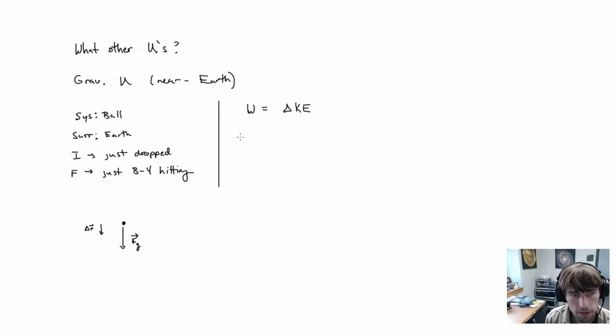I'll use the summation for right now, just to remind ourselves that this technically has multiple pieces to it if the force is net. In this case, let's call positive y up. Our net force is simply the force of gravity, so I'll put in mg. Our displacement is just the change in height, so I'll just put h here.